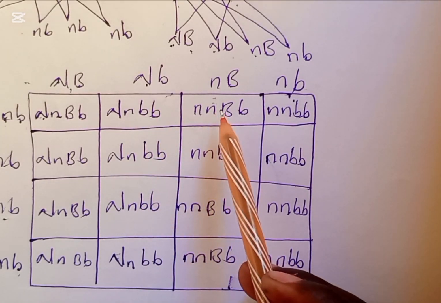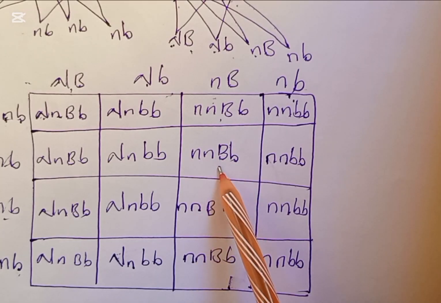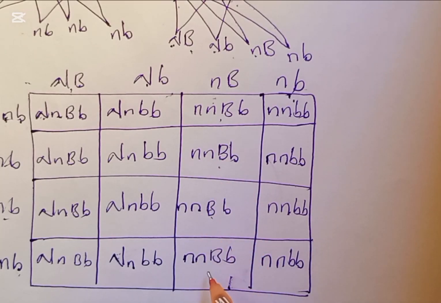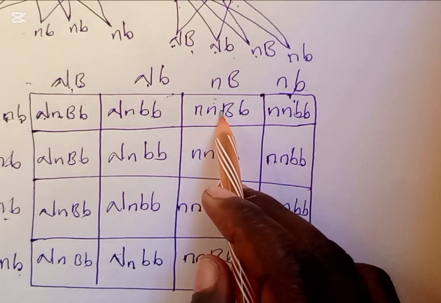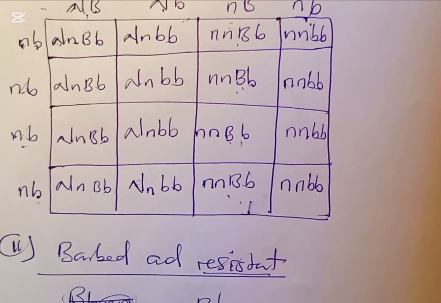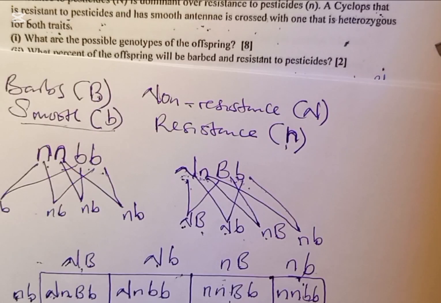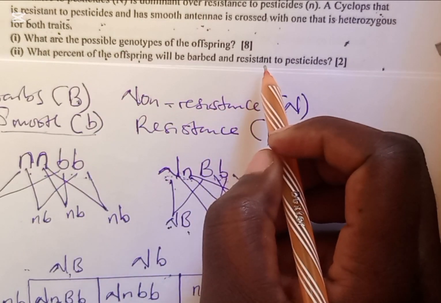Here, we have this. Yes, 1, 2, 3, 4. Okay, where else do you have this? This is something else. So it's only here where you have this. So there are how many? There are 4.